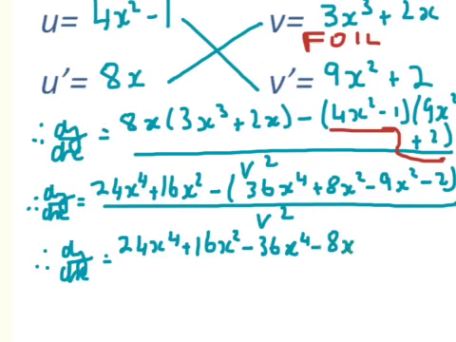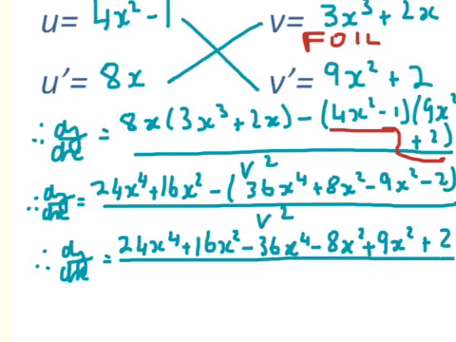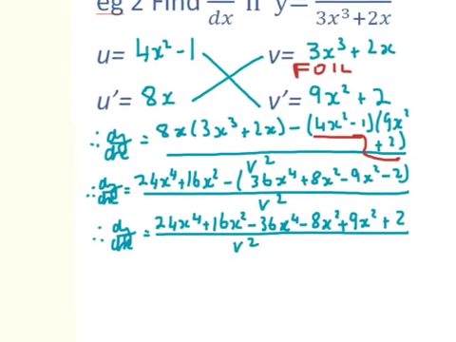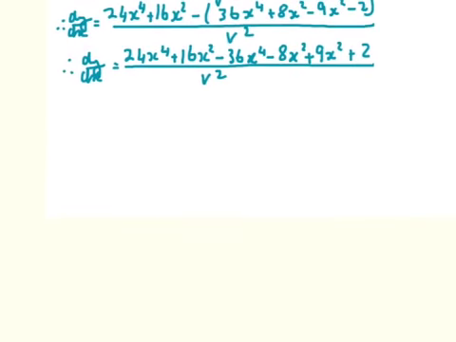Remember, the effect of a negative sign outside of brackets is to change the sign of everything inside the brackets. So moving on, we get plus 9x squared plus 2 all over v squared. Okay, so let's make ourselves some room and continue.